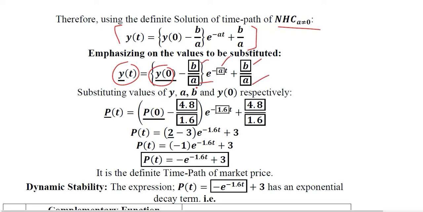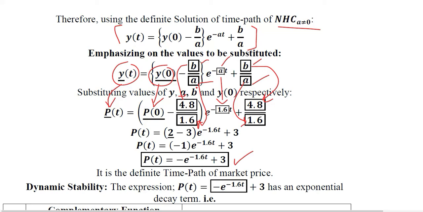Very easily you can judge which are the substituted values. b is 4.8, a is 1.6, a is again 1.6, b, and then a as well. So putting all the given values, we get this expression, which on further simplification will give us this answer.